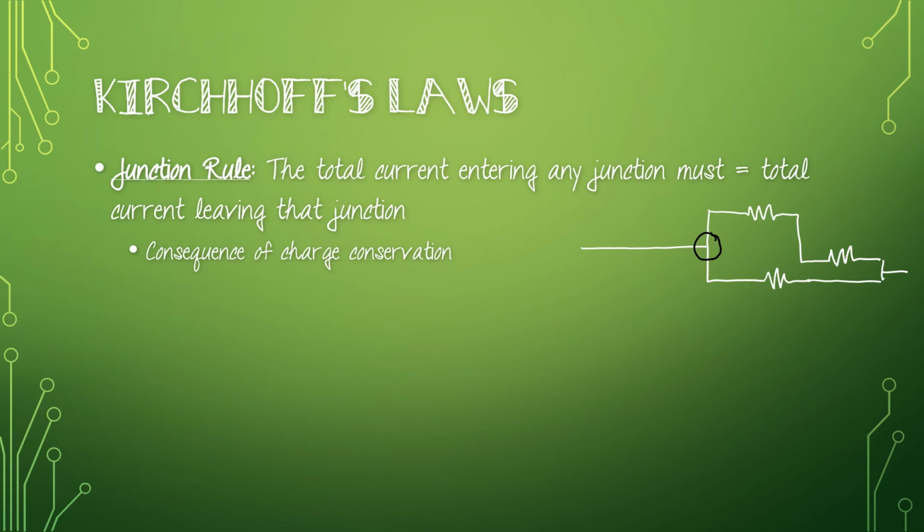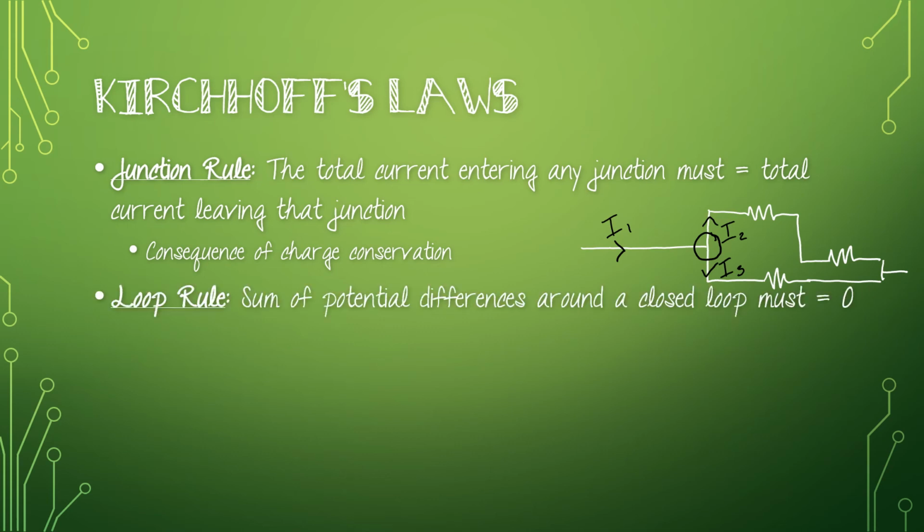So if my current were traveling along this wire in this direction, then some of the current would go this way and some of the current would go that way. If I call this I1, let's say I call that I2 and that one I3. So that current I1 would have to equal I2 plus I3. I1 is the only one coming into the junction. I2 and I3 are the ones leaving the junction.